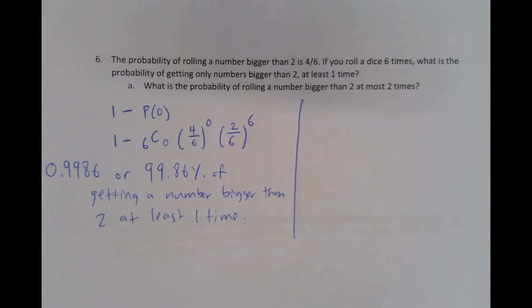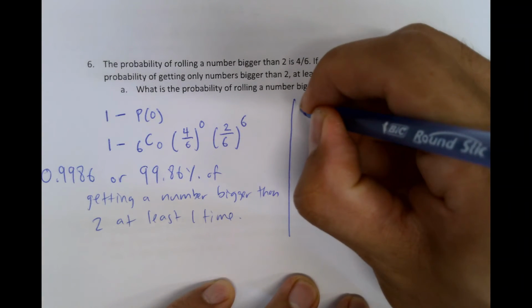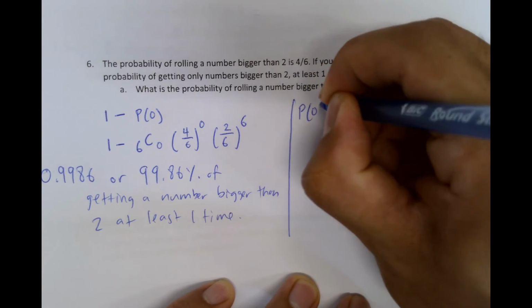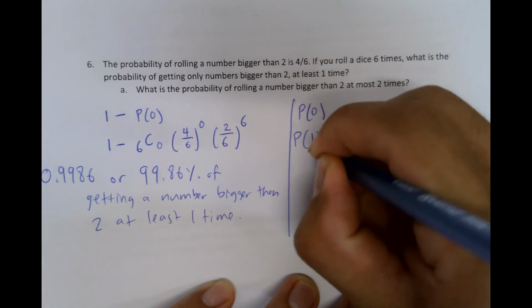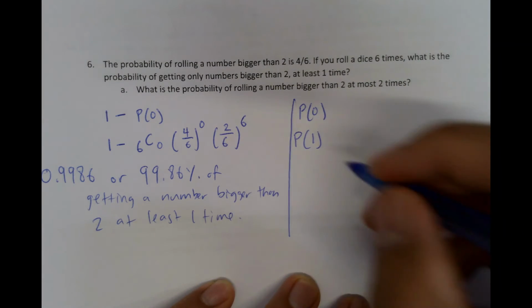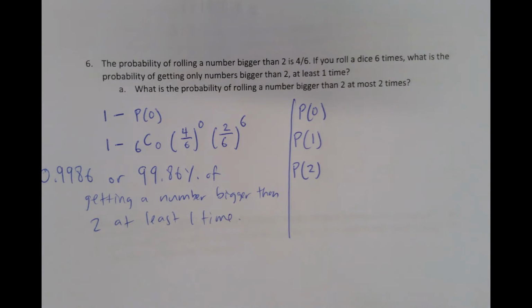So that means that we can roll it 0 times, 1 time, or 2 times. Right? There are 3 different possibilities. So what you should do is calculate the probability of getting no number bigger than 2, the probability of getting one number bigger than 2, and the probability of getting exactly 2, and then add those up all together.